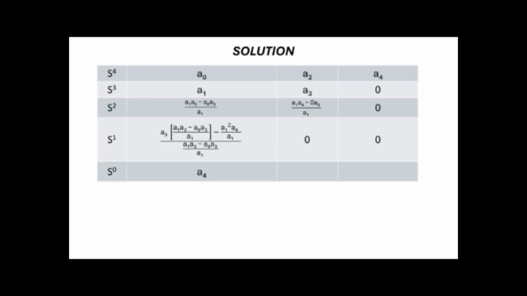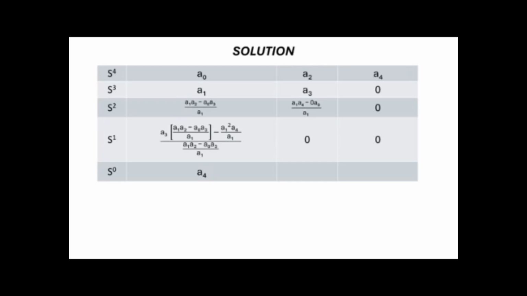For step 2, that is calculation of row S2, to find the values for the next row, you use a determinant-like calculation. You look at the two rows immediately above it, that is S4 and S3.